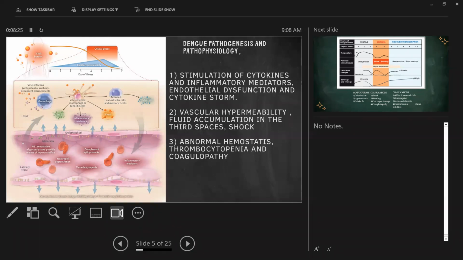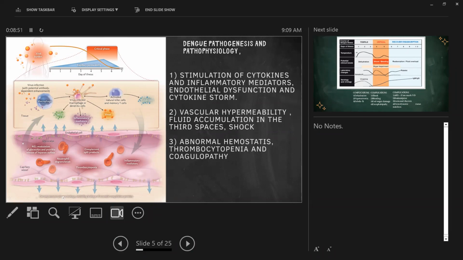The patient will have high fever, chills, rigor, and lethargy. At the same time, with the cytokine storm there will be vasodilatation, so the patient will have distributive shock. That is number one. Number two, when the virus comes, it affects the glycocalyx.